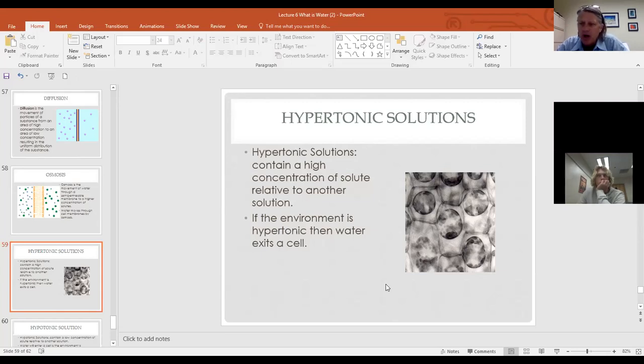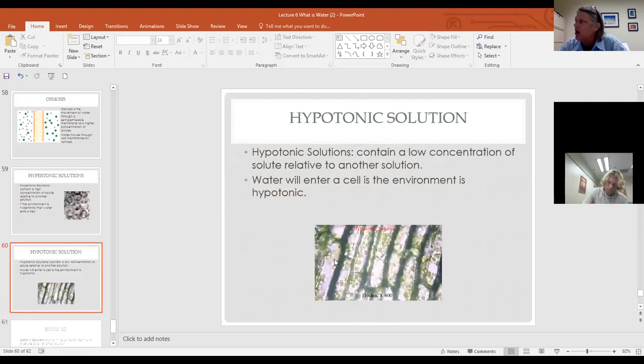So salt water dehydrates living cells. Salt water is hypertonic. It has greater ions. The cell is hypotonic. It has less ions. So hypotonic has more water, less ions.